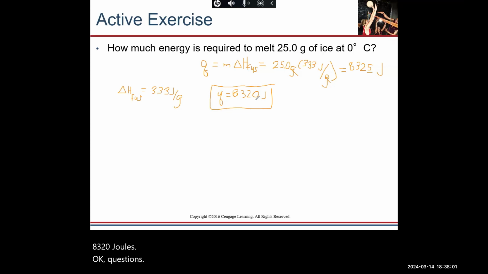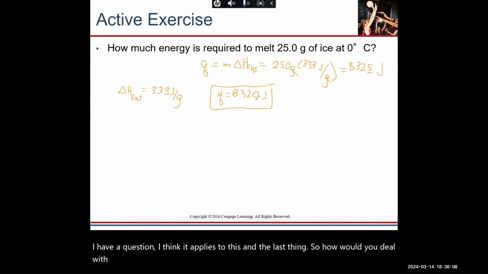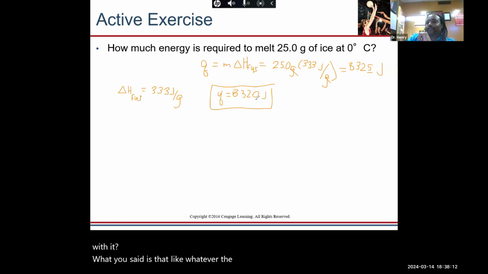I have a question. I think it applies to this and the last thing you went over. How would you deal with it if it had the mole, like you said, instead of the grams? Yeah, that's okay.